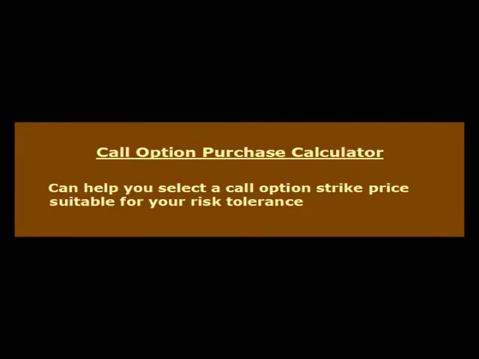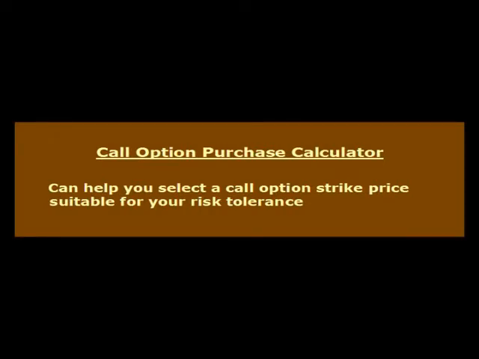While stock selection is important for successful call option trading, in my experience, selecting the time length and strike price is just as important as selecting the stock itself. Chapter 6 of the Wealth Creation Members Only Guide provides criteria for selecting time length, and the call option purchase calculator is helpful in analyzing the profit loss potential for various strike prices.